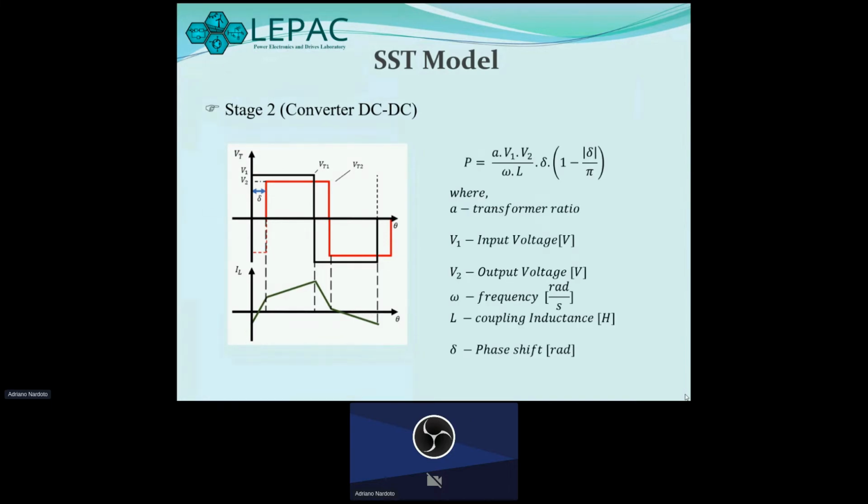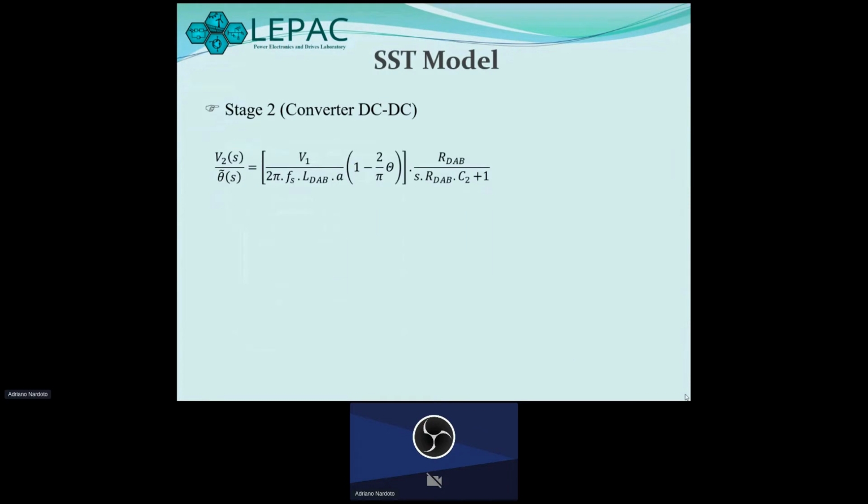The power transferred between the converter ports is expressed by this equation. This is the dynamic equation relating the output voltage to the phase shift angle. This model considers a current generation at the output of the DAB as a function of the phase shift angle without dynamics, that is, instantaneous.